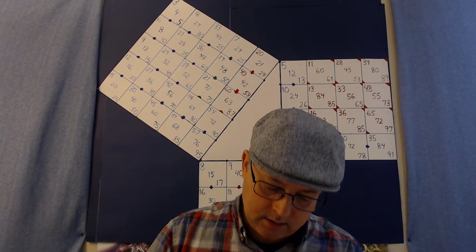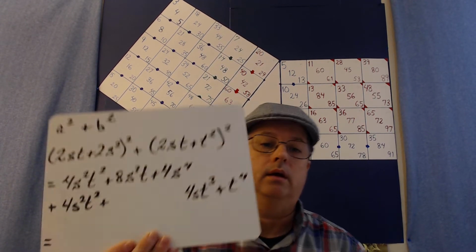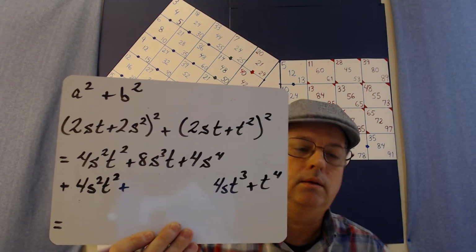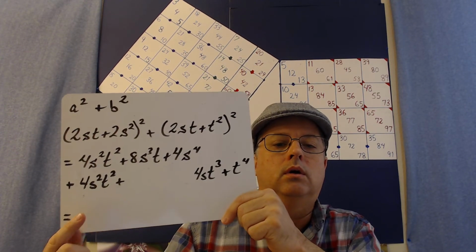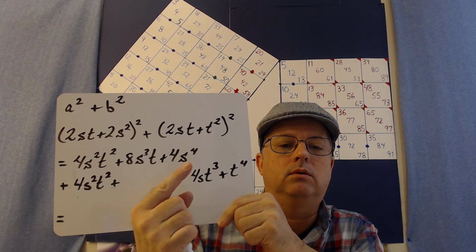And so now, maybe we can fit these all together here and say that this is equal to, and let's write them in order. So I think we'll start with the 4s to the 4th.